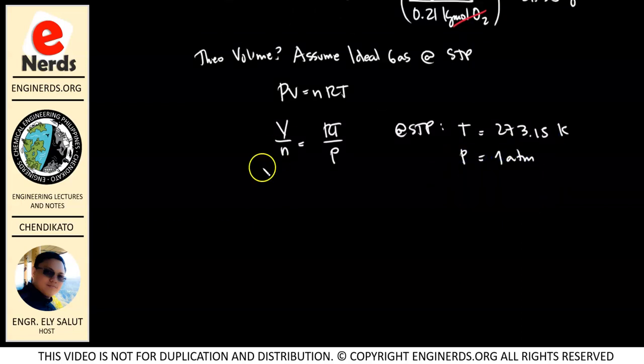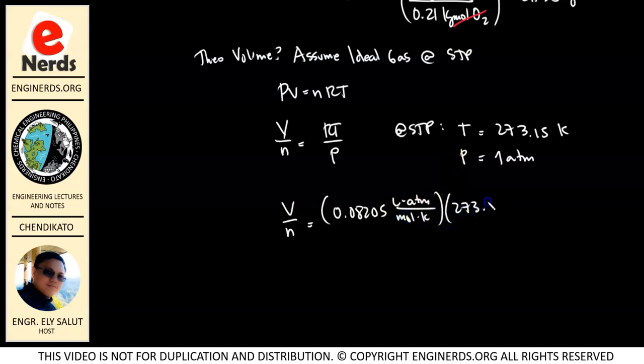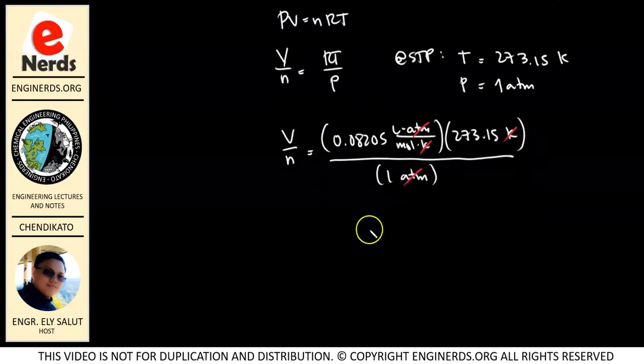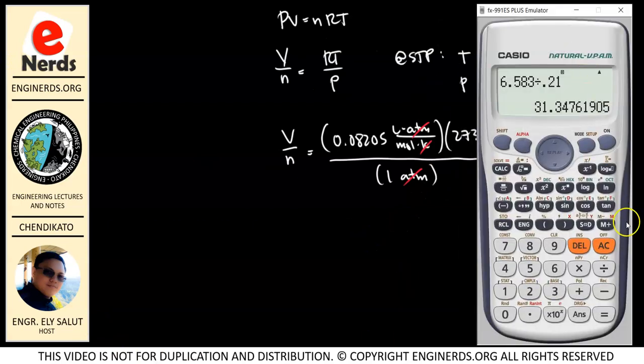Okay, so therefore, our molar volume is equal to our R, which is 0.08205 liter atmosphere per mole Kelvin, times 273.15 Kelvin divided by 1 atmosphere. Okay, so tignan natin yung units natin. So our atmosphere and Kelvin will be cancelled out. So ang magiging unit natin is liter per mole. Okay, so try natin i-solve yan.